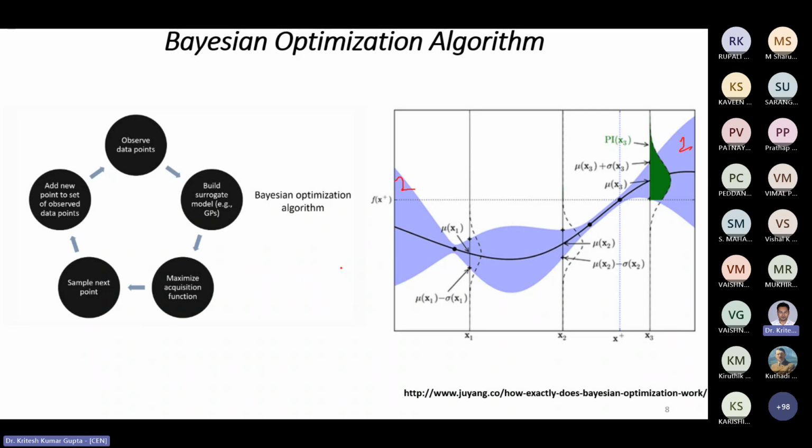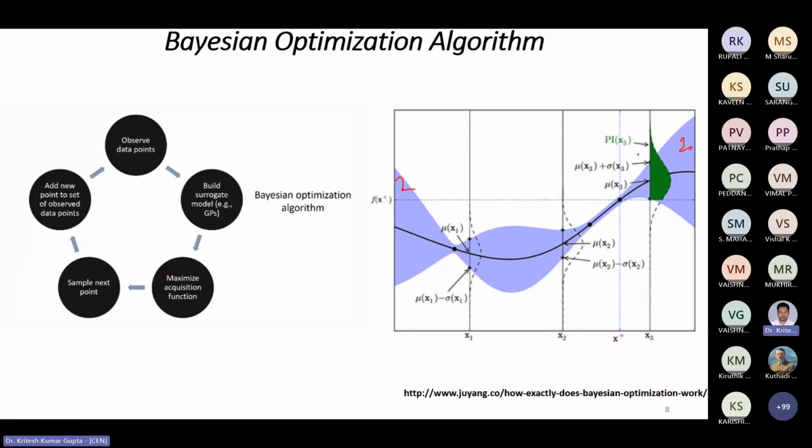Now, since this region over here is not much, and in this region over here we have a good amount of uncertainty, this gives us the next exploration region that is given by X3. Initially we only have X1 and X2. X3 is the new portion where we need to check.